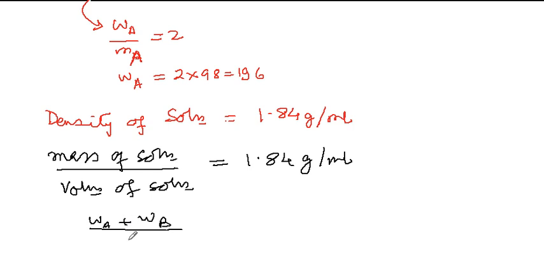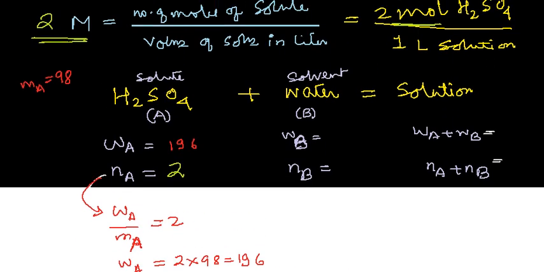The volume of the solution, as per our molarity. If we look into the value that we have seen a while ago, the volume that is given to us for the solution is 1 liter.